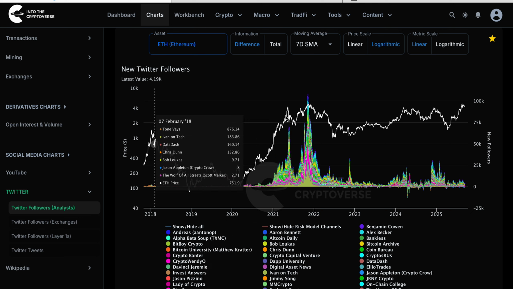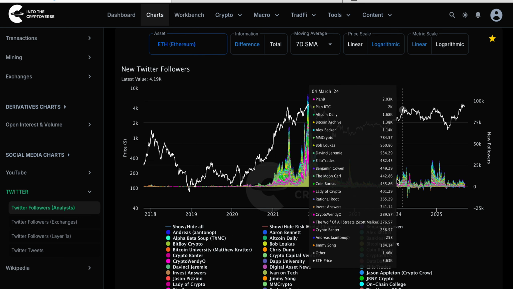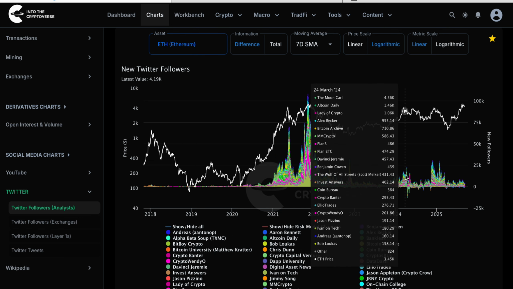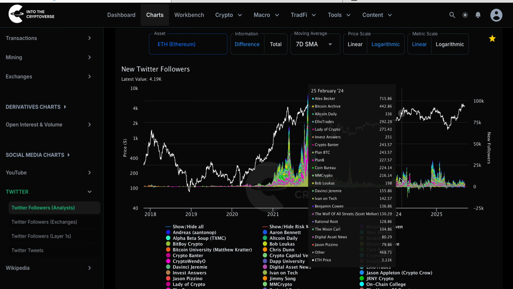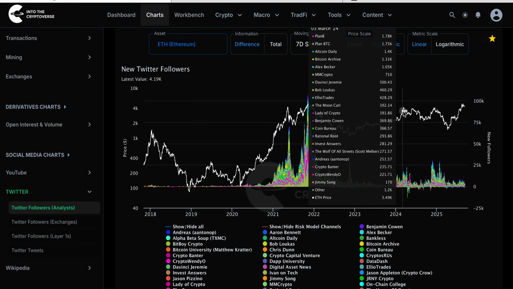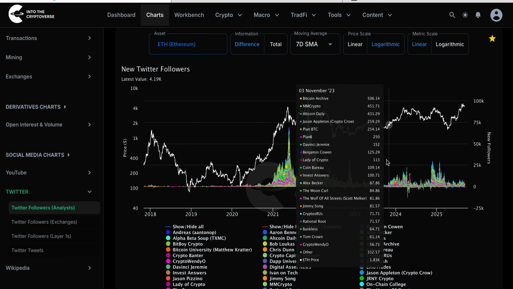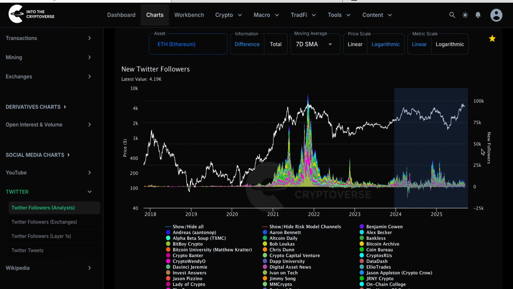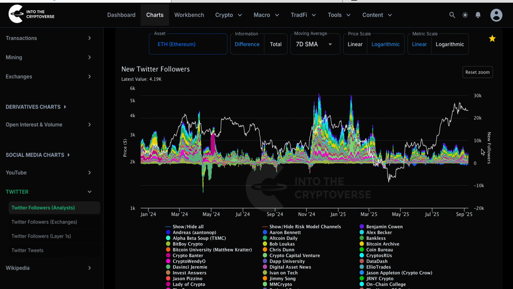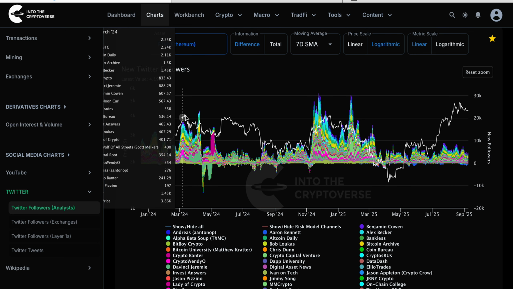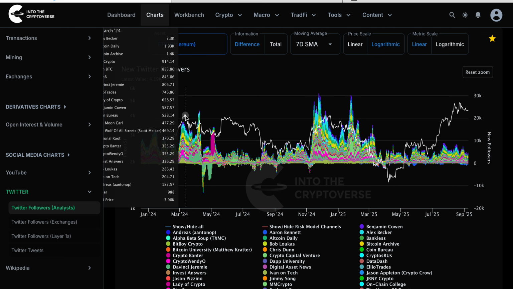this is an Ethereum chart, right? Every time the social metrics go up, or actually the new Twitter followers got more, Ethereum had a top, right? We can see it here. I'll zoom in on this. Okay, we can see it here. For example, March 24.